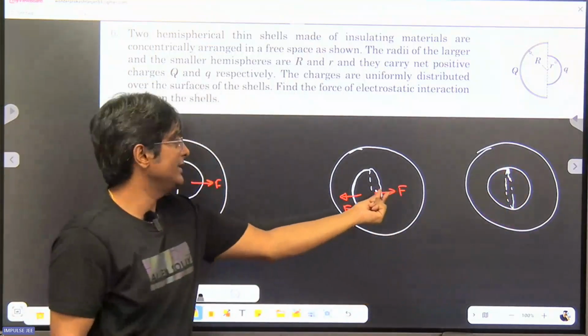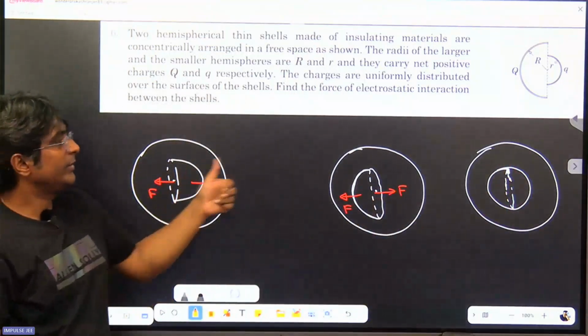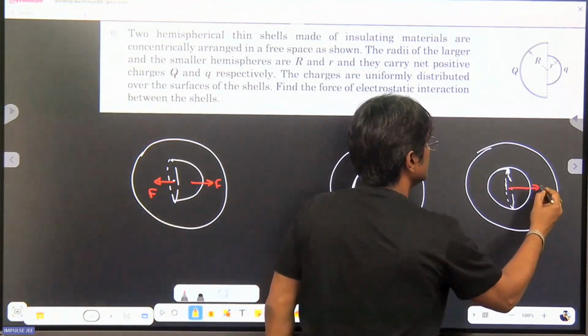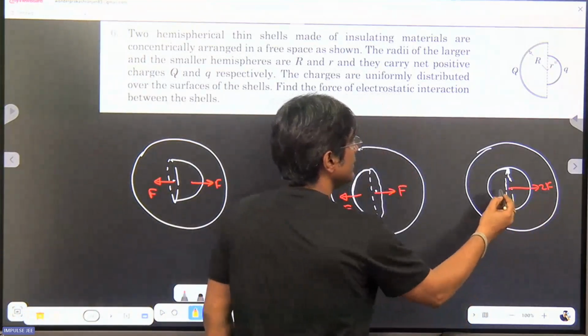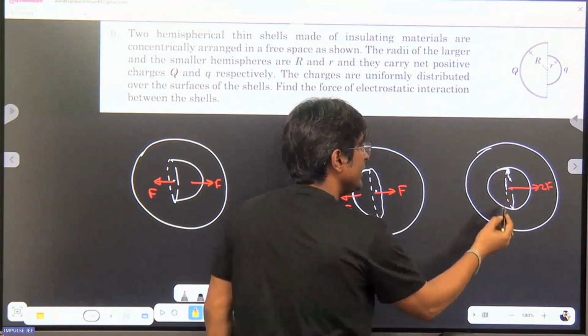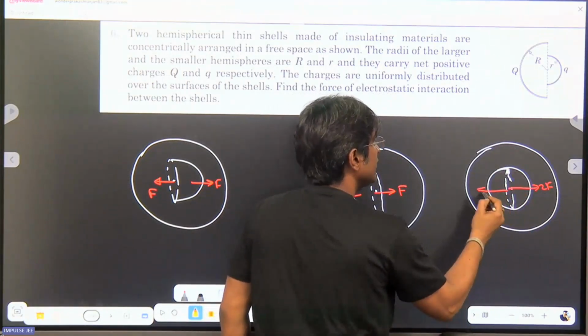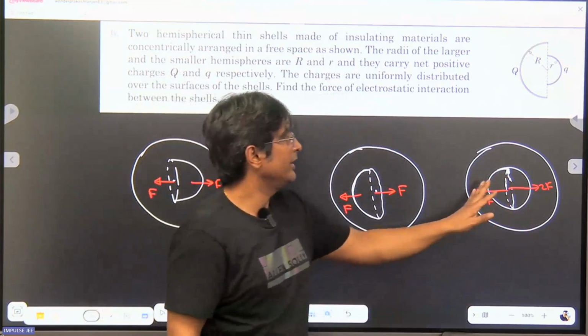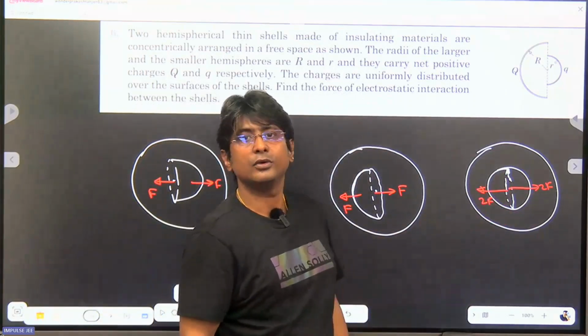So this F and this F become 2F in the rightward direction. Similarly, on the remaining half this will be 2F, such that again the net force would be 0.